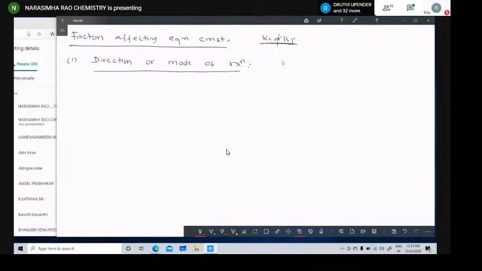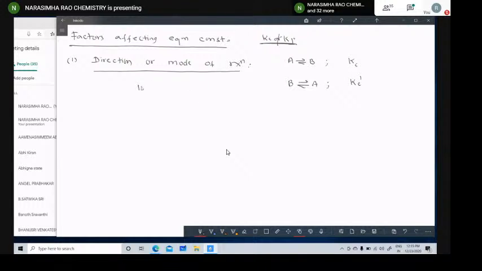Now I am taking the simplest example. A is in equilibrium with B. For this reaction, the equilibrium constant is Kc. Now for the reaction in the reverse direction, B to A, this is considered as Kc dash. Then what is the relation between Kc and Kc dash?